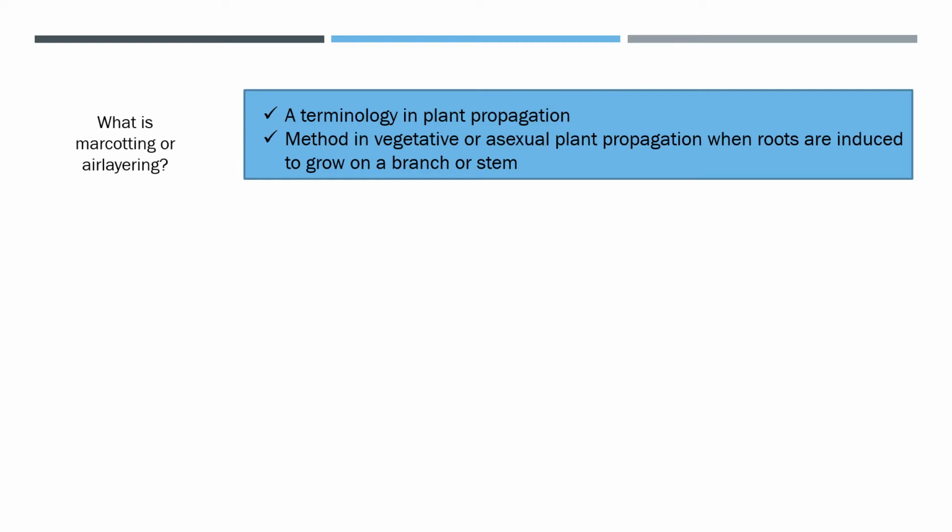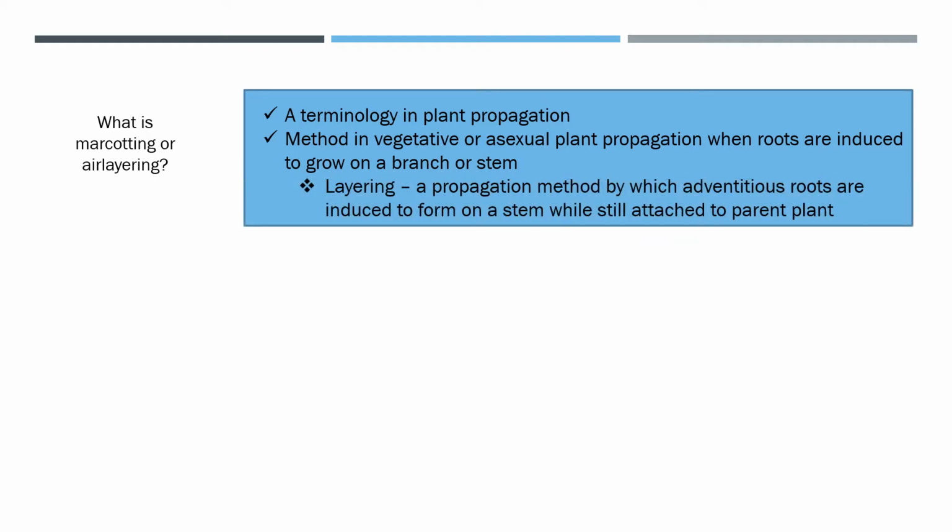So it is a method in vegetative or asexual plant propagation where roots are induced to grow on a branch or stem. In layering, adventitious roots are induced to form on a stem while still attached to the parent plant.